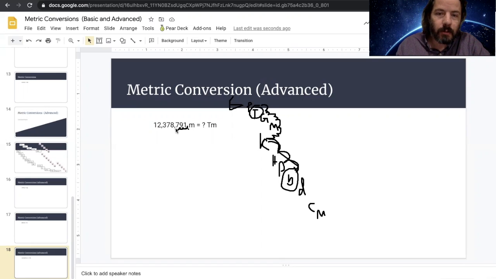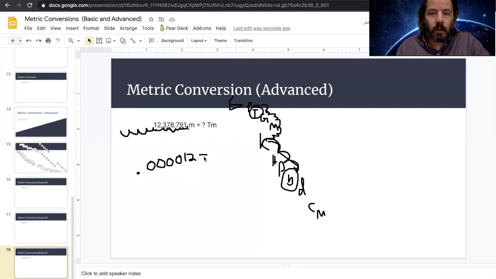1, 2, 3, 4, 5, 6, 7, 8, 9, 10, 11, 12. And usually if I run into the problem I was kind of running into there, where the typed numbers are too small for me to move my pencil, I will actually rewrite the whole number and do it, because I do not like making mistakes. 1, 2, 3, 4 zeros, even though I do all the time. 1, 2, 3, 7, 8, 7, 9, 1.